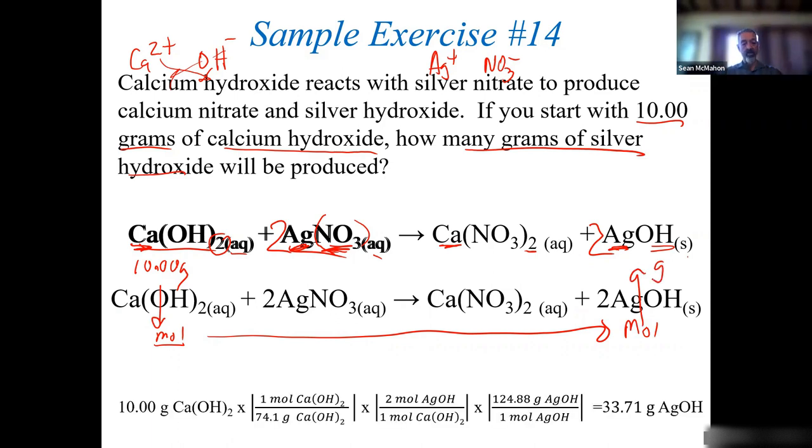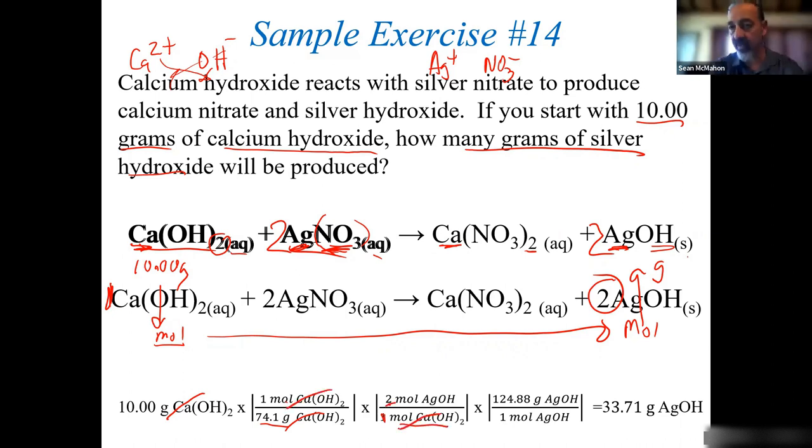So when I write it out, I have 10 grams of calcium hydroxide. The molar mass using the periodic table for calcium hydroxide is 74.1 grams per mole. Grams cancel. 1 mole of calcium hydroxide. To cancel that, I use my mole ratio. There's 1 mole of calcium hydroxide to 2 moles of silver hydroxide.